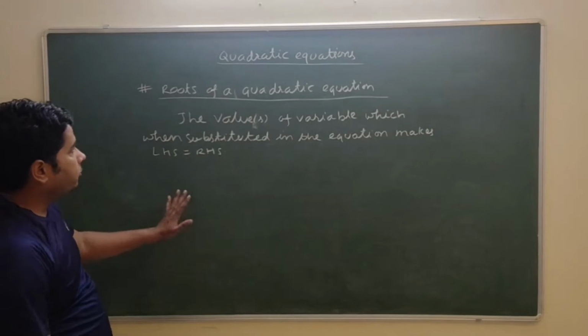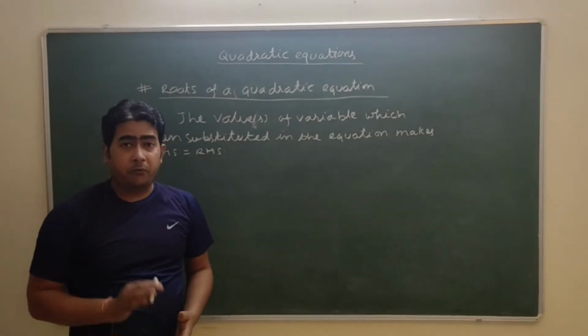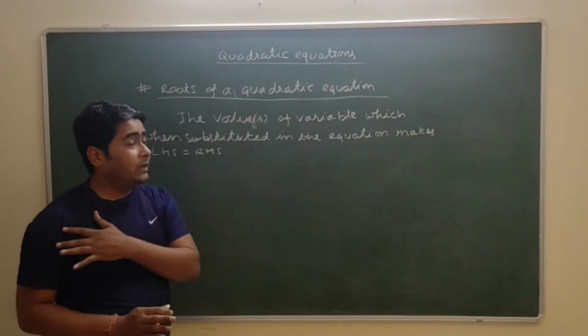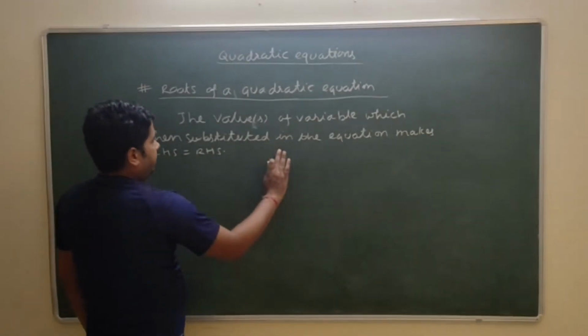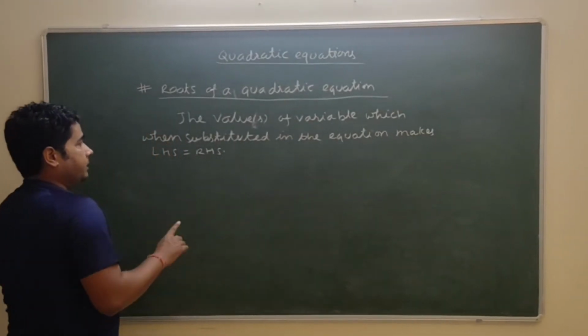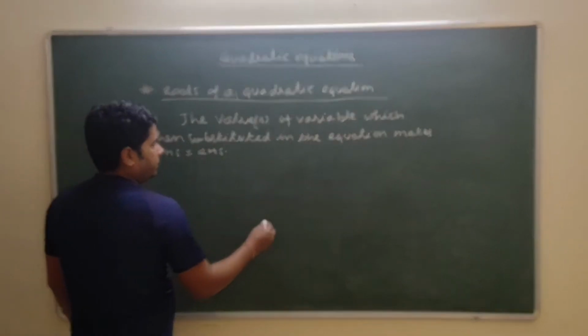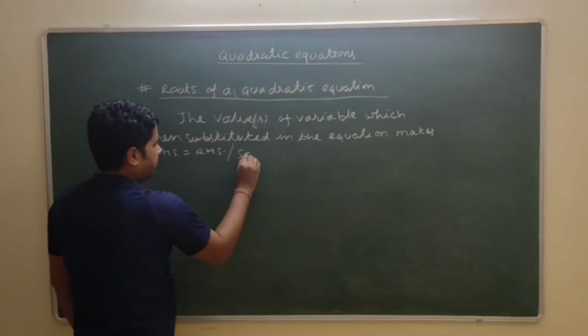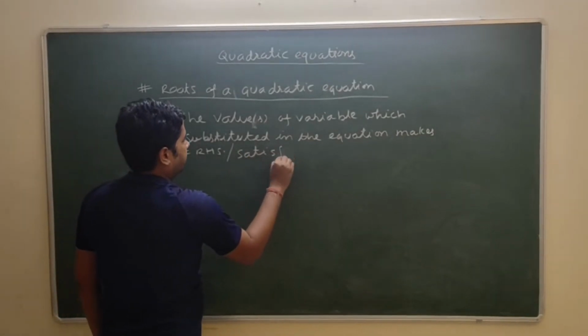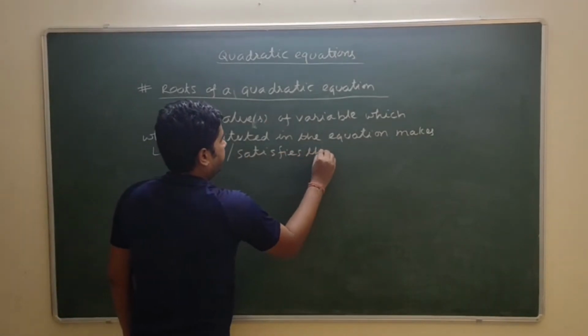Okay, so roots are the values of variables which make left hand side and right hand side equal. In other words also we can say that roots are the values which when substituted in the equation make left hand side equal to right hand side or satisfy the equation.